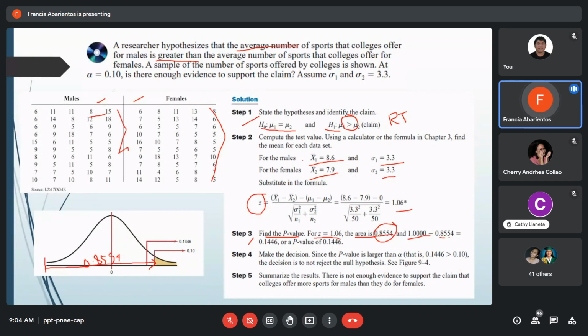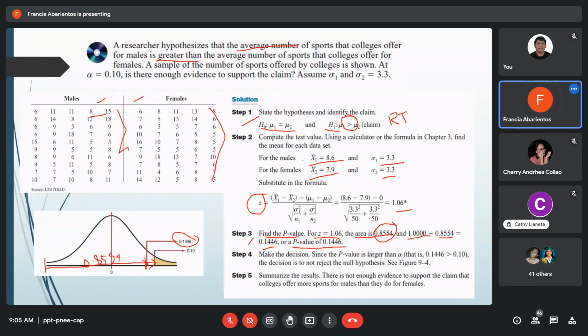So minus of that, so this is now 0.01146. Okay. And the p-value now is 0.446. Ito pala siya class, nakasobra yun. So hanggang dito lang yun class. Okay, so that is now the p-value.